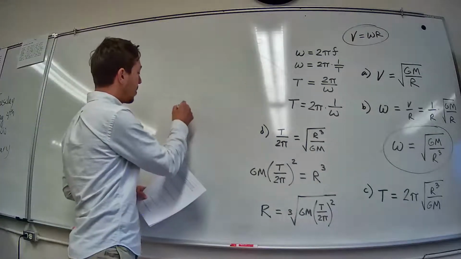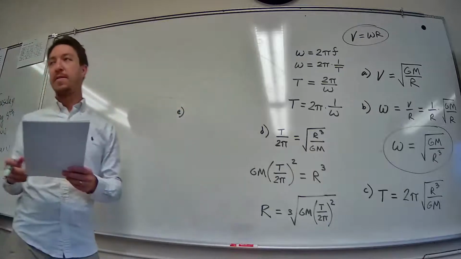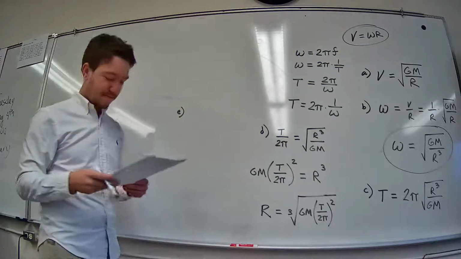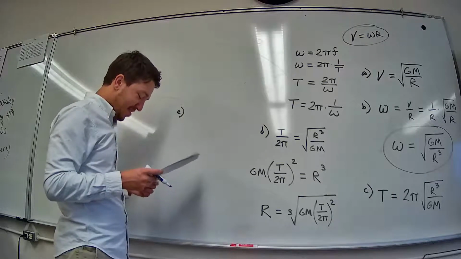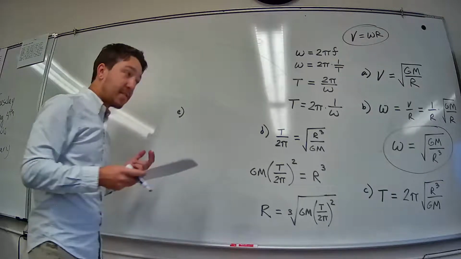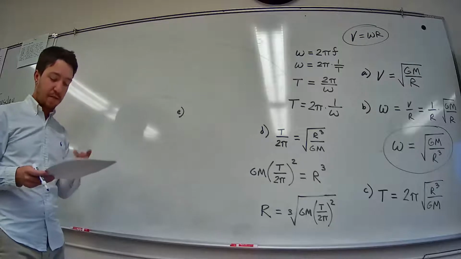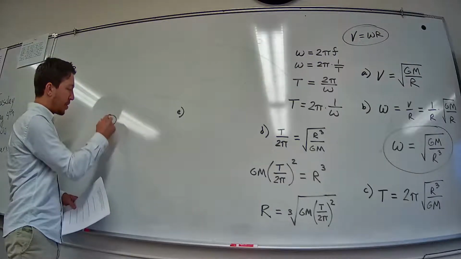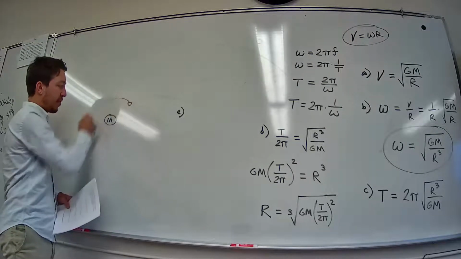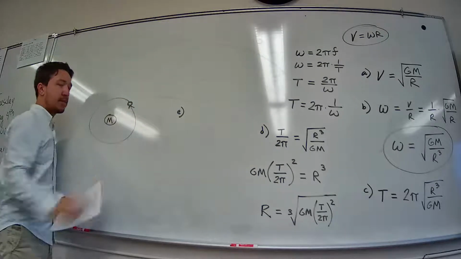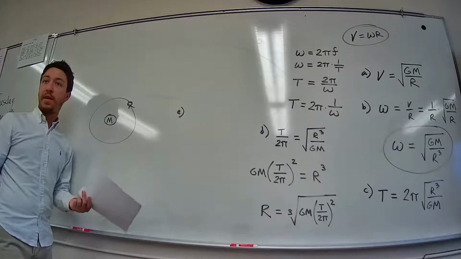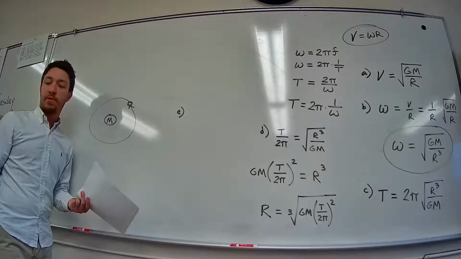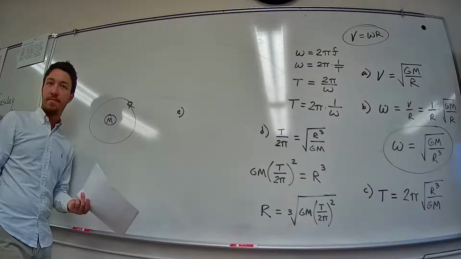So then E. E's a good one because I've got a star in the middle with some mass M, and we've got some information about one of the planets. This planet could be Earth, for example. We know Earth's period, right? Who knows the answer to that? 365 days.